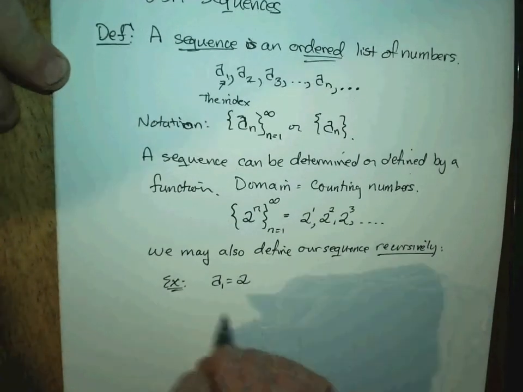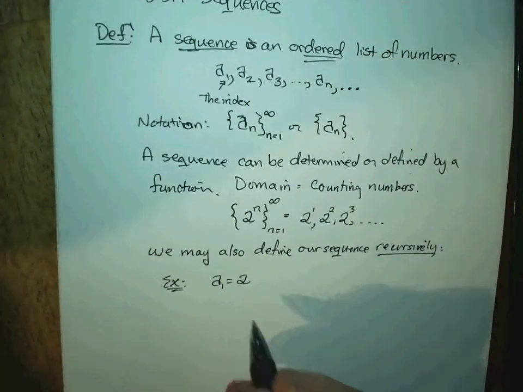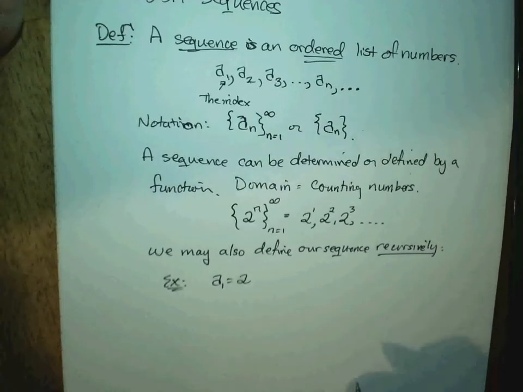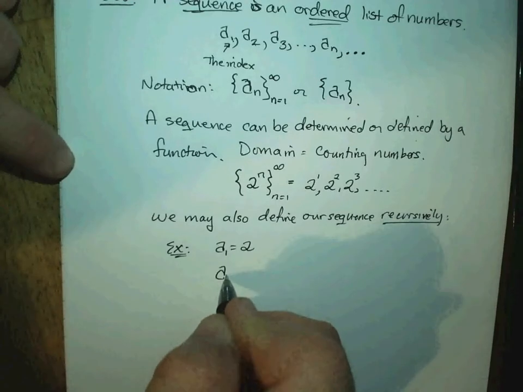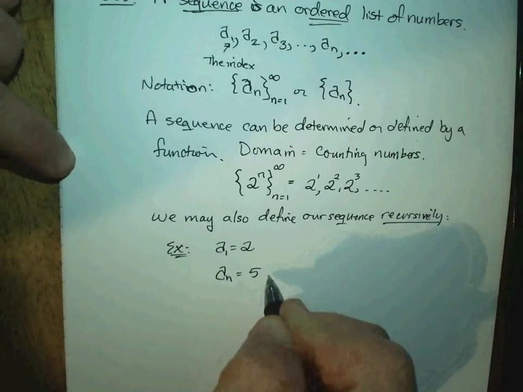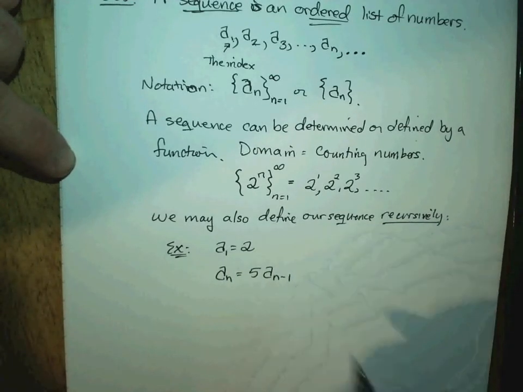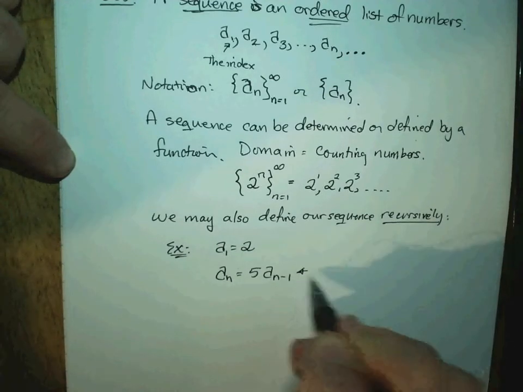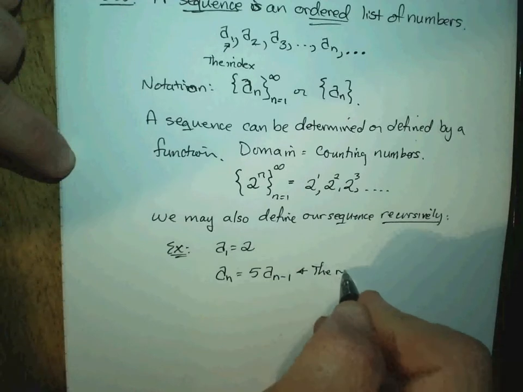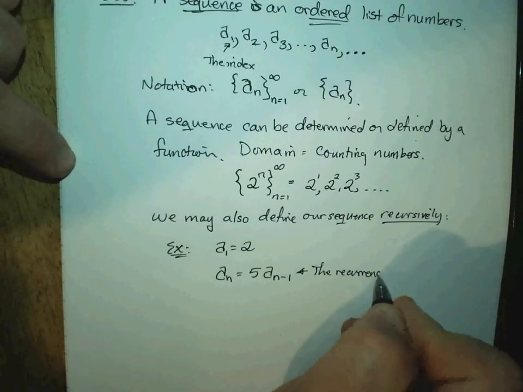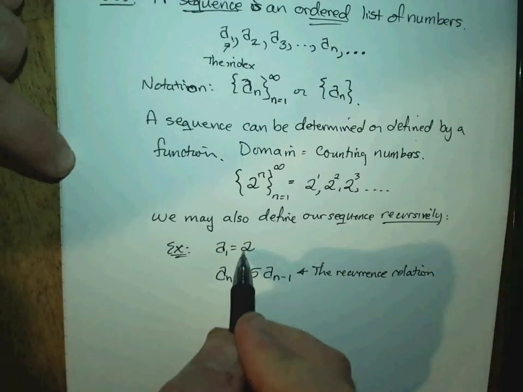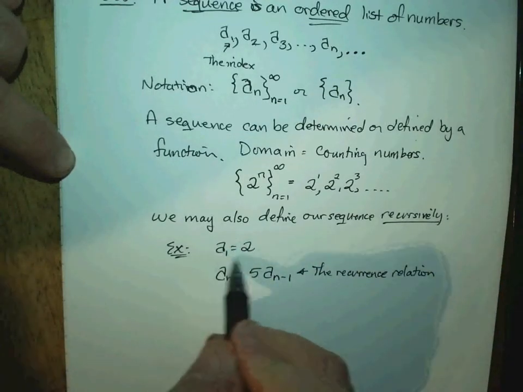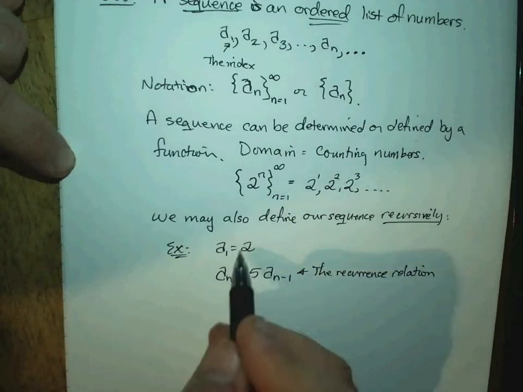And then we'll give you a rule for how the next term of the sequence is generated from the previous term. So we'll give you a rule like a sub n is, say, 5 times a sub n minus 1. And this is called the recurrence relation. Along with this initial condition or starting value, the recurrence relation will define the sequence.